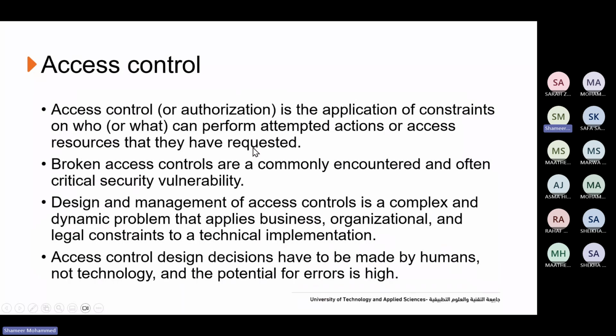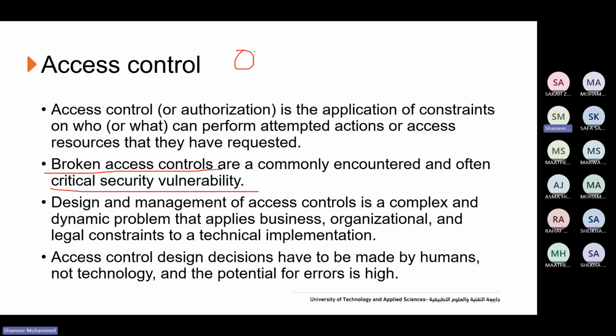That will be decided. So if the session ID is weak, this process can be hijacked. Broken access controls are commonly encountered and often a critical vulnerability. This is first in the OWASP top 10 list of vulnerabilities.